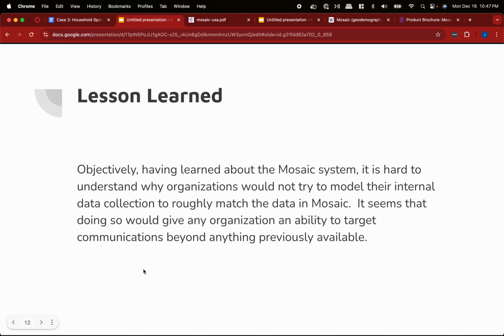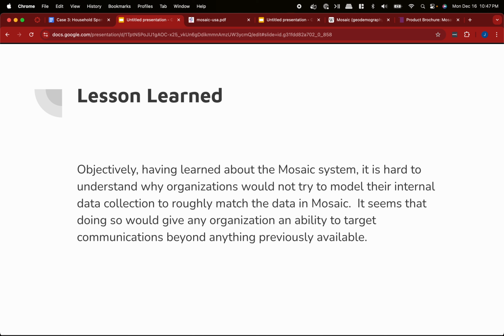Objectively, having learned about the Mosaic system, I do find it hard to understand why any organization would not try to model their internal data collection to roughly match the data points in Mosaic. This classification system is so extensive and so specific in the personas that get developed.